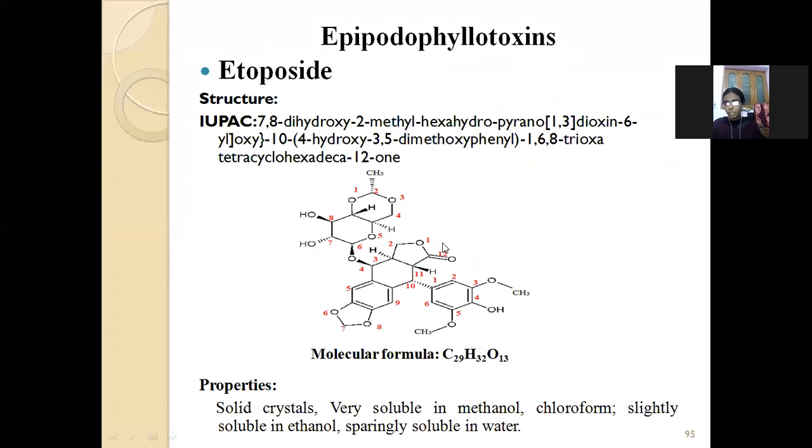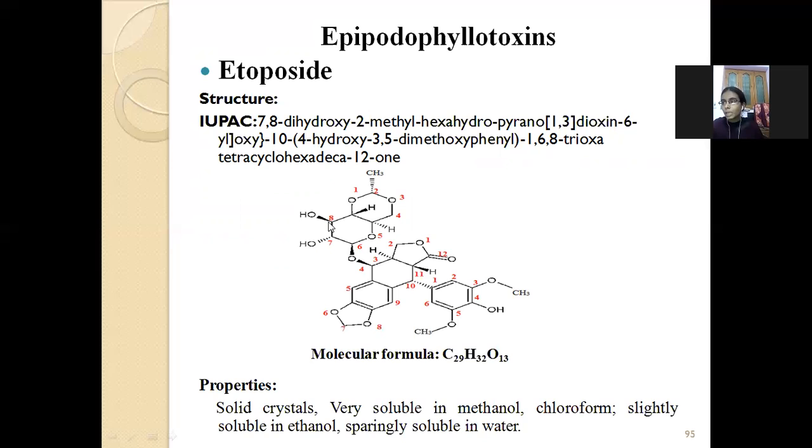So this is the structure of Etoposide, and the IUPAC name is 7,8-dihydroxy-2-methyl-hexahydropyrano-1,3-dioxin-6-yloxy-10-(4-hydroxy-3,5-dimethoxyphenyl)-1,6,8-trioxa-tetracyclohexadecan-12-one. So if you see in the structure, in the 7th position and 8th position, hydroxy groups are present.